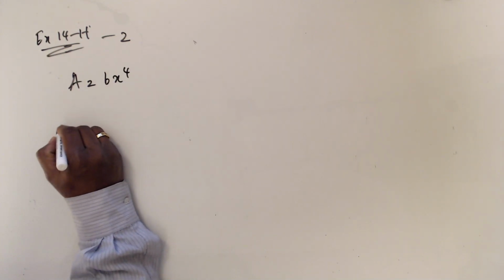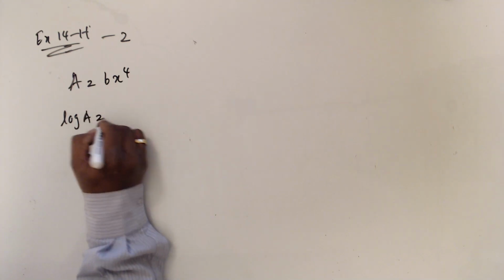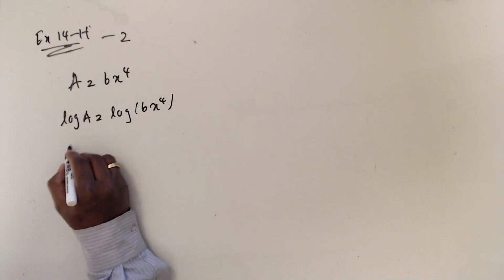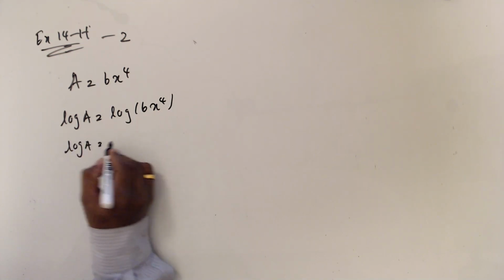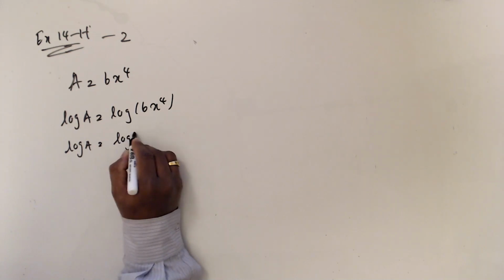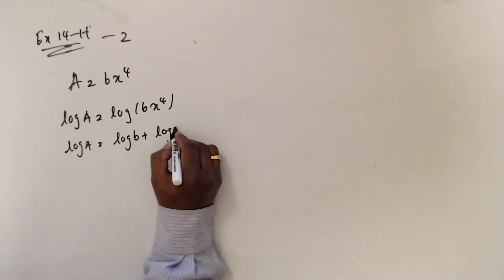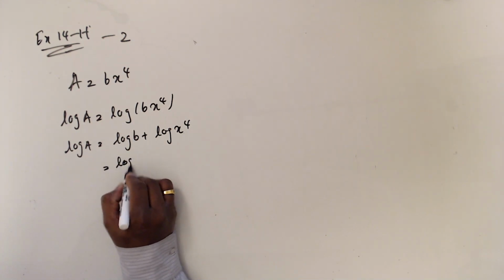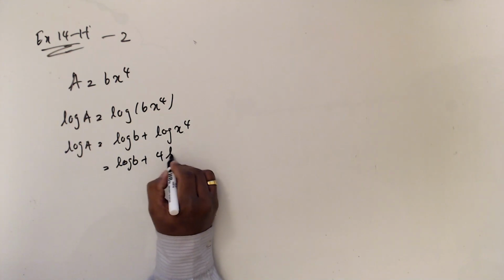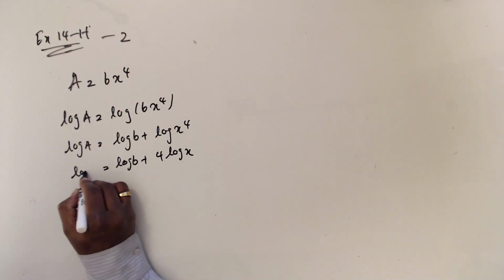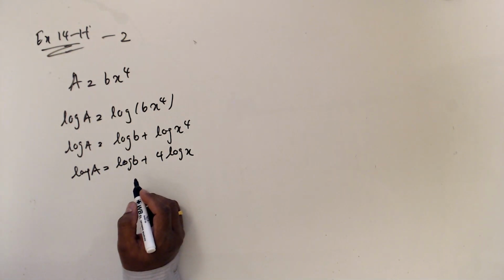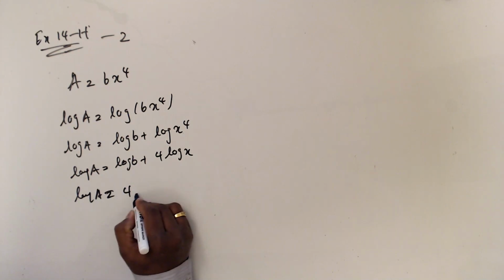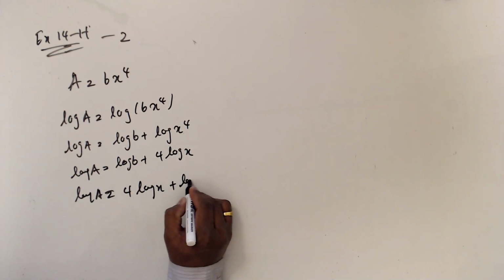Then we have to apply logarithms for part A. This is log A. So log A equals 4 log x plus log 6.